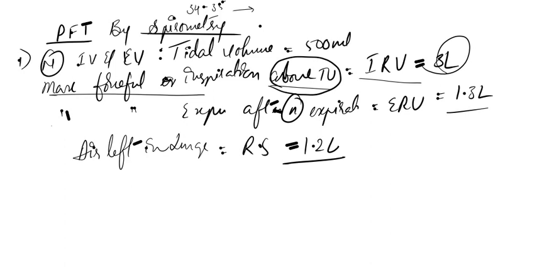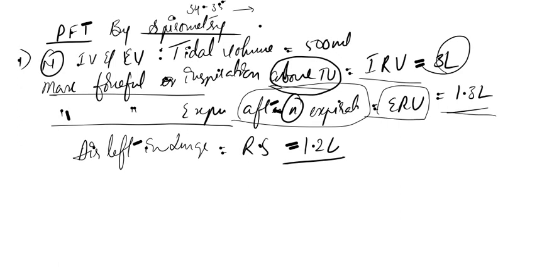Maximum forceful expiration after doing a normal expiration, if you still forcefully expire some air, then it is called expiratory reserve volume, which is 1.3 liters. Now the air left in lungs after maximal forceful expiration is called residual volume, that is 1.2 liters. Now someone is asking, sir, can you define this on a graph?